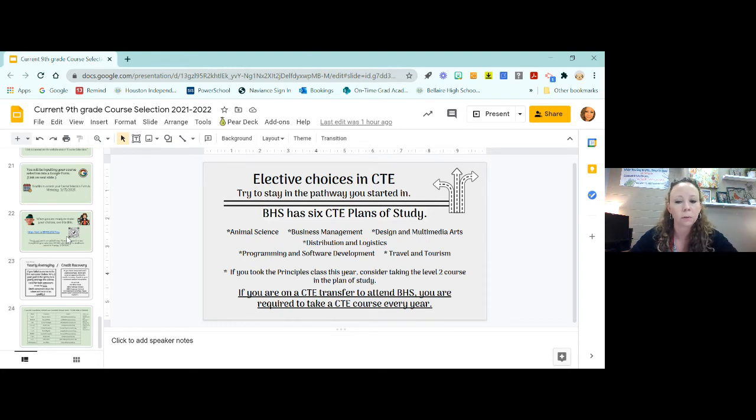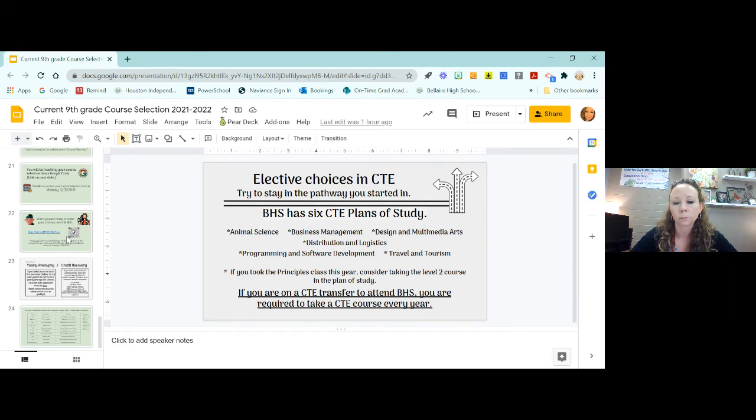But if it's a class like psychology, no, you can't take psychology again. For PE, technically, no, you can't take more PE. You have to take only the 2 semesters, because you can't get credit in the same class again.